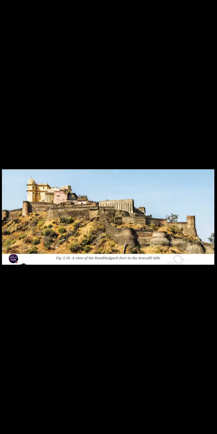In these regions, the forest is very much dense. That will benefit the army to attack by hiding.